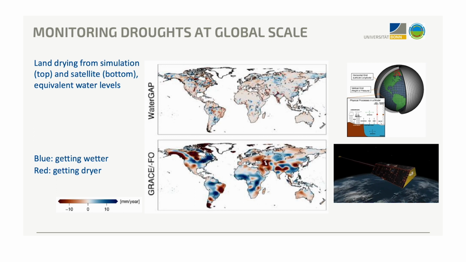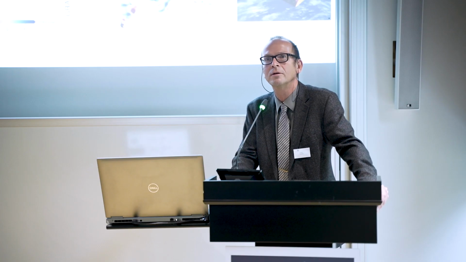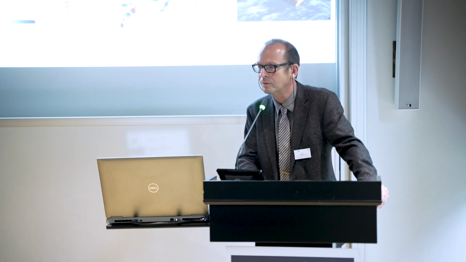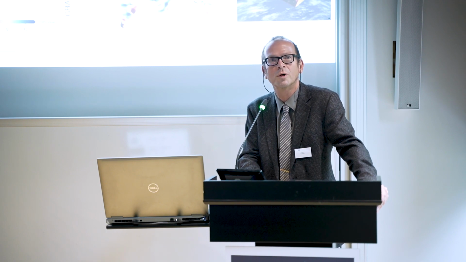Where it's blue, we have more water over the last 20 years, for instance in the central Amazon, but you also see large parts that are red. This is where we have less water stored in the groundwater, in the soil, where we are simply losing water. The top figure is what the model produces.